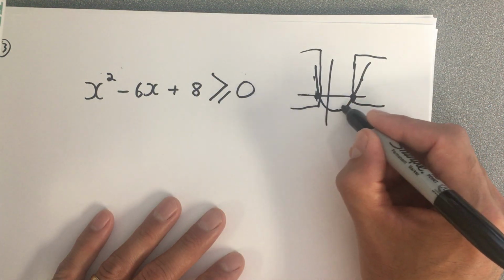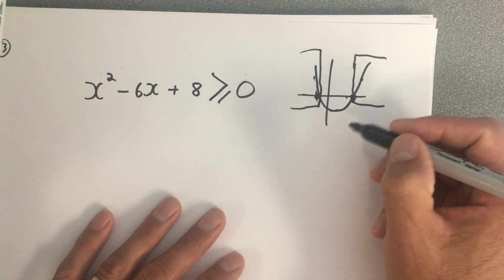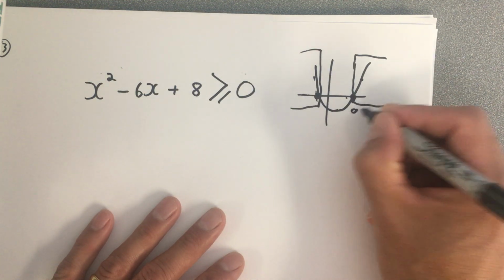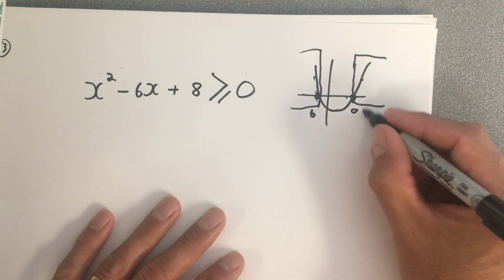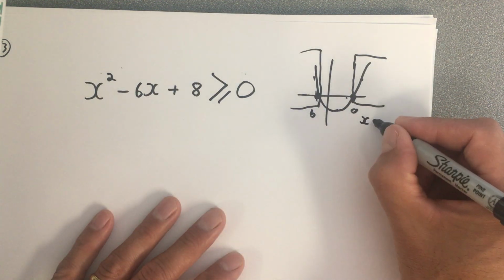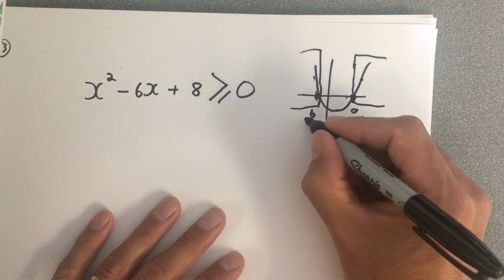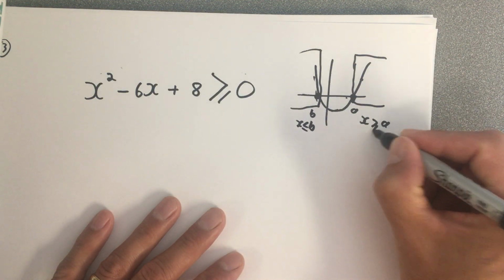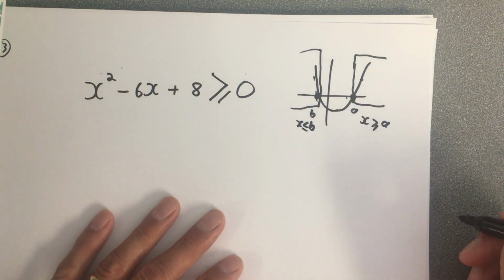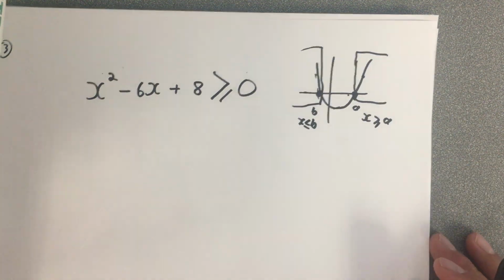Here it's less than 0, and here it's equal to 0. So if that was, say, A and that was, say, B, my solution would be for this when x is greater than or equal to A, or when x is less than or equal to B. So that's what we're heading towards here.